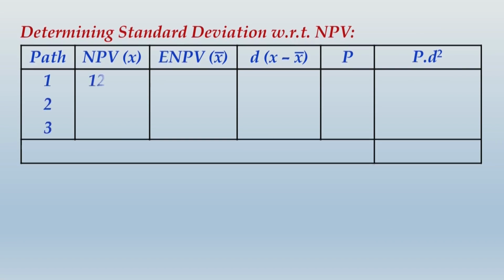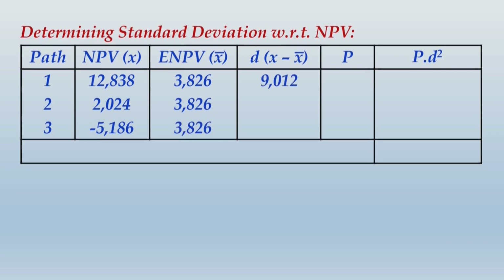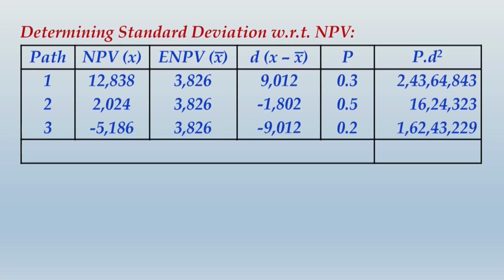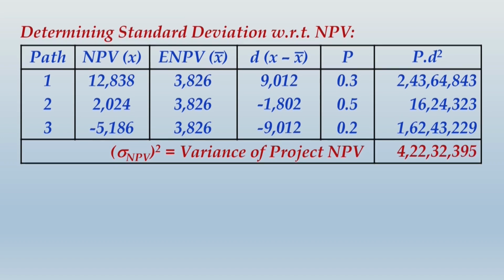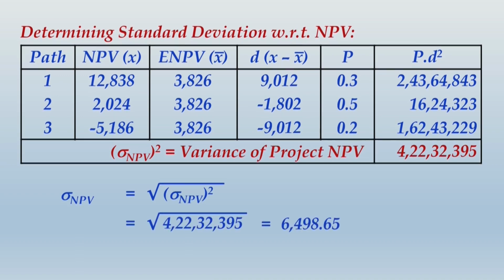When you apply these calculations, what you will get is the summation of D square into P, which will indicate the variance of project NPV, and the standard deviation with respect to NPV will be the square root of this variance, which comes to 6,498.65. So please write up this calculation as well, and that will be end of the solution.